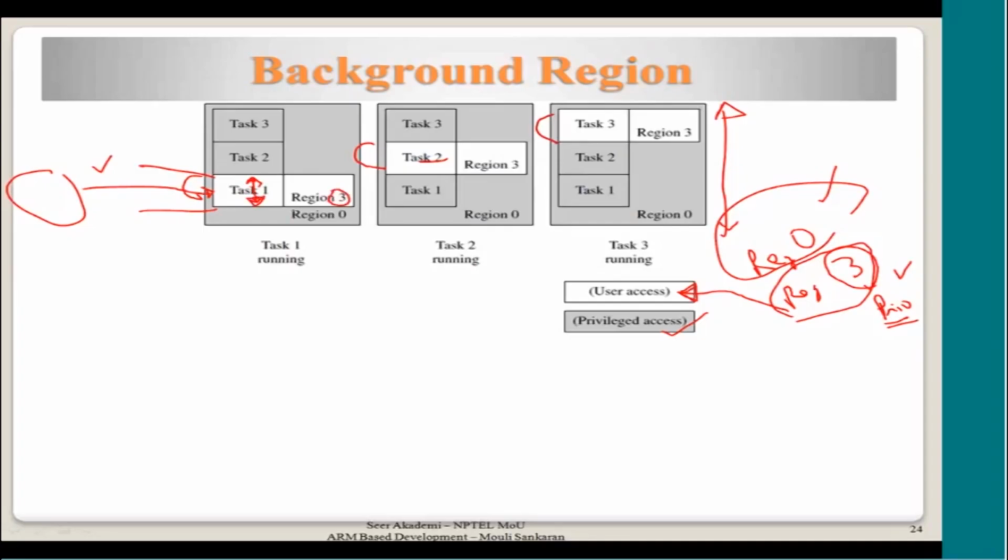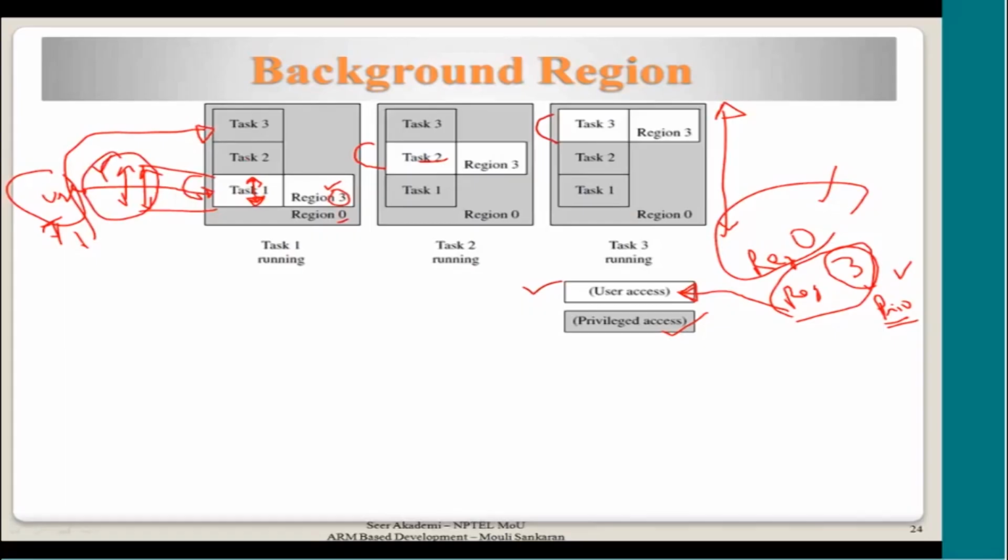Region 3 is higher priority compared to region 0. So the attribute assigned to this area belongs to region 3, which says it is a user process and its address range is only this much. If task 1 generates an address, by mistake or intentionally, to access the area belonging to the other task, it is not within this region.